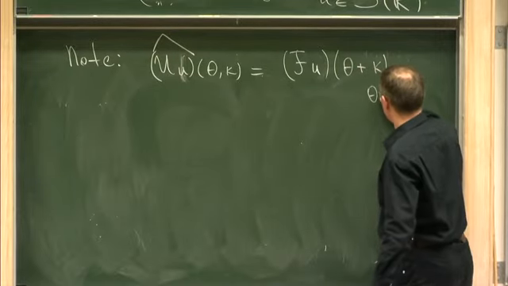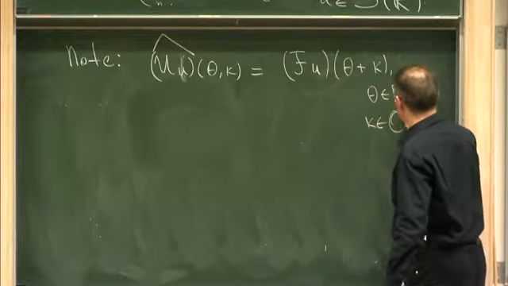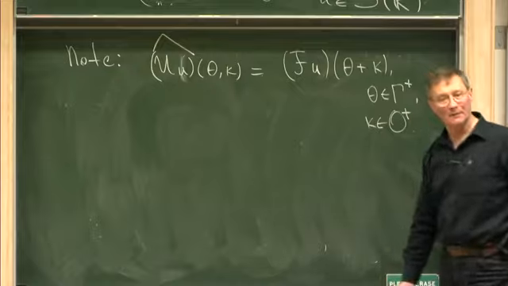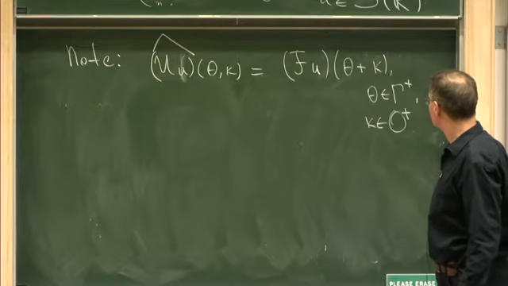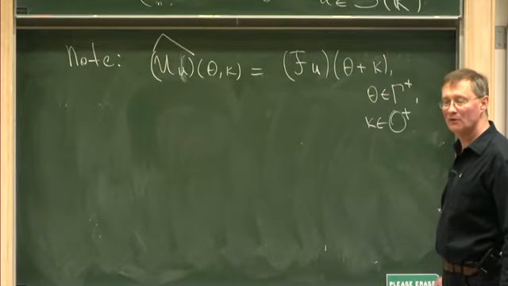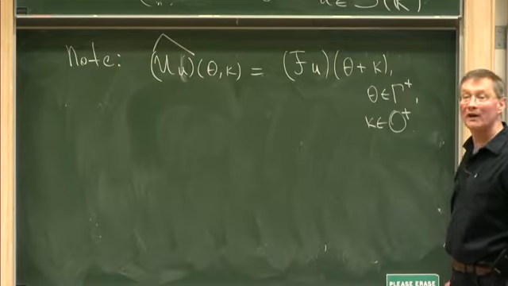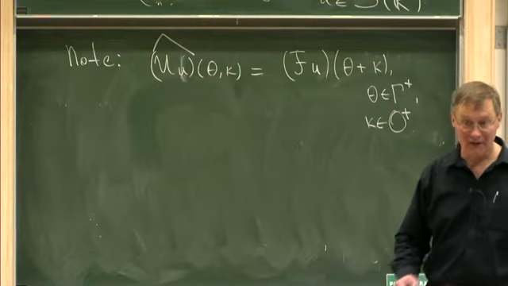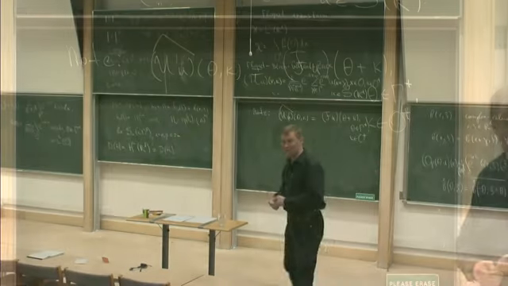So theta is in the dual lattice, and k is in the dual fundamental domain. You probably mean Fourier coefficient on the left. Sorry? On the left, probably it's not Fourier transform, it's Fourier coefficient. Fourier coefficient, I'm sorry, yes. On the left it is Fourier coefficient defined over there, and on the right this is Fourier transform.